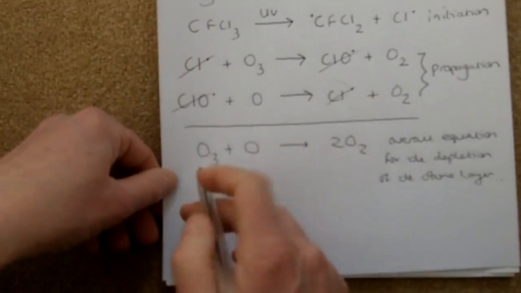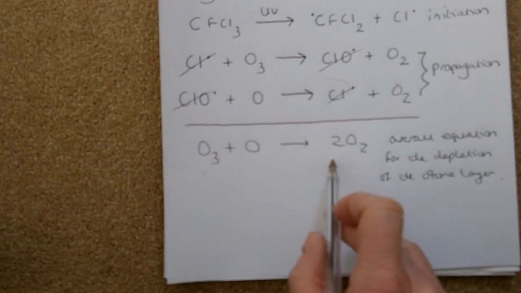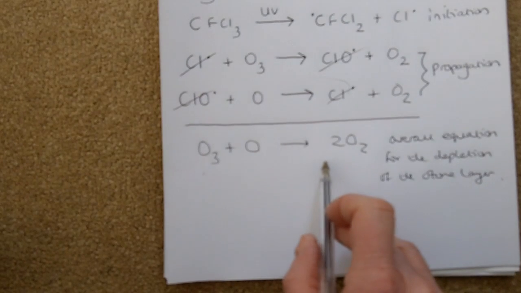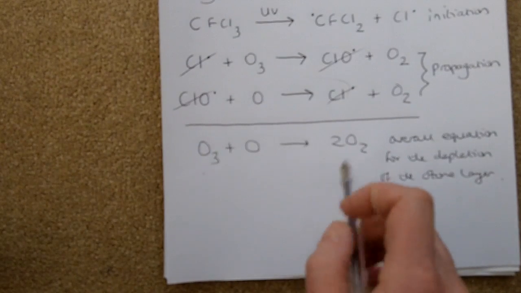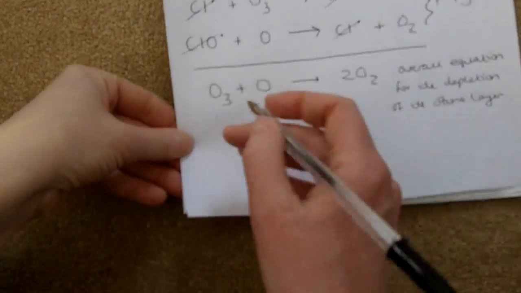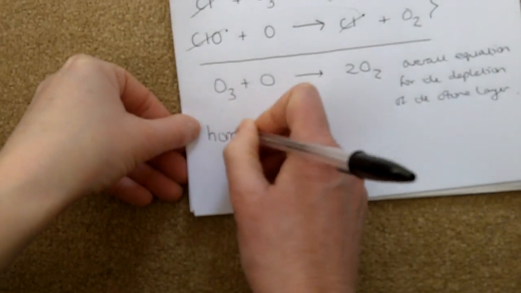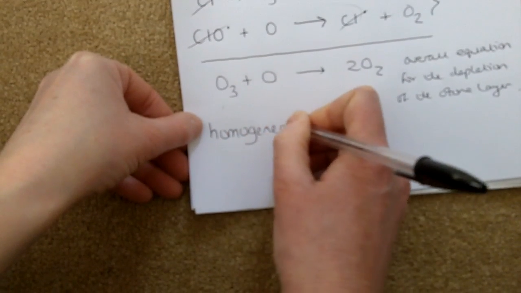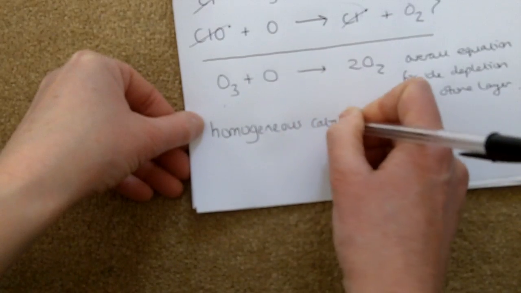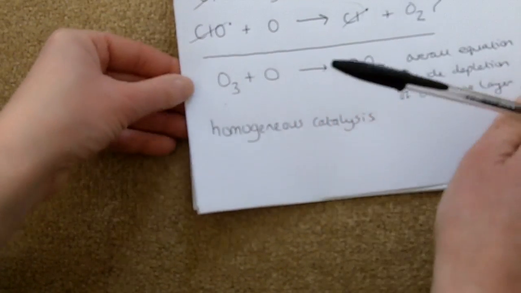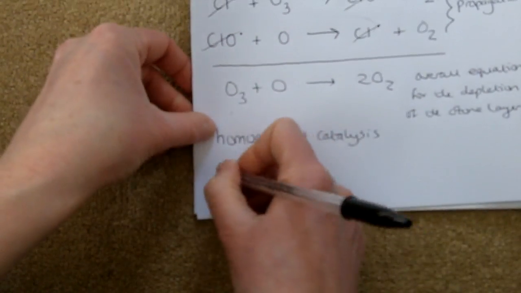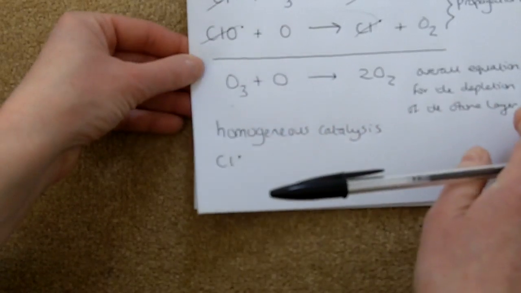One ozone molecule is being broken down into two oxygen molecules. This is an example of homogeneous catalysis, because the catalyst is the chlorine radical.